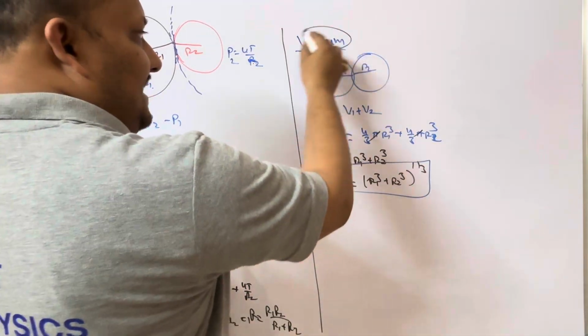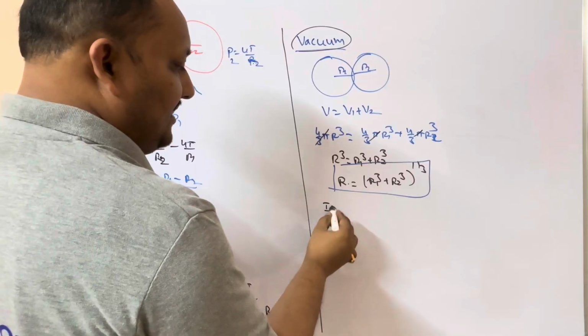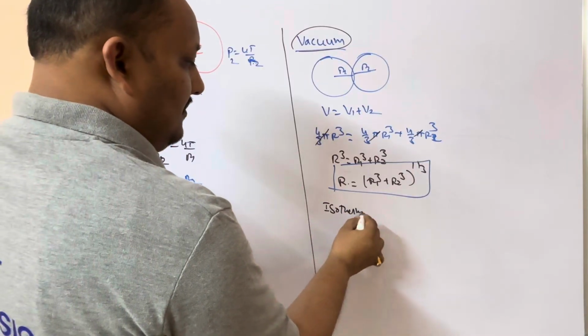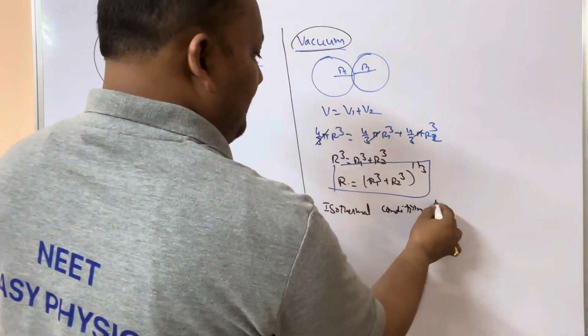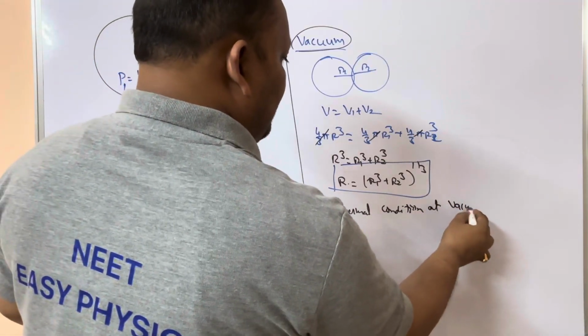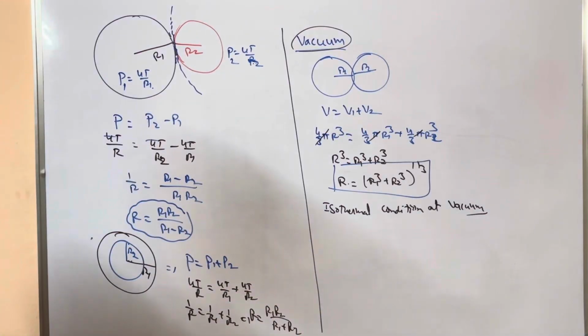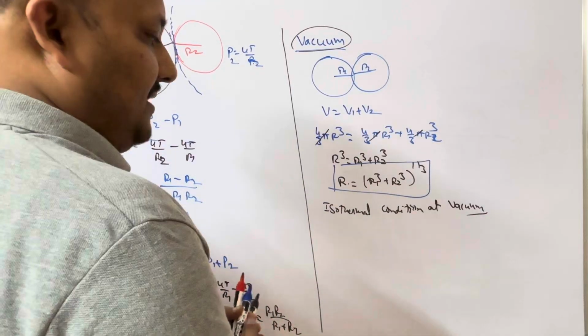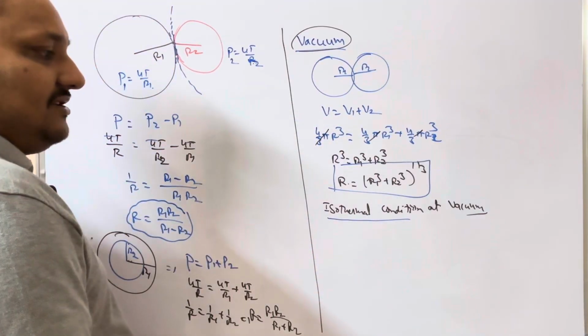Now the same they will ask in isothermal condition, in vacuum, for two soap bubbles or liquid drops, whichever it may be. Isothermal condition means temperature is going to be constant.